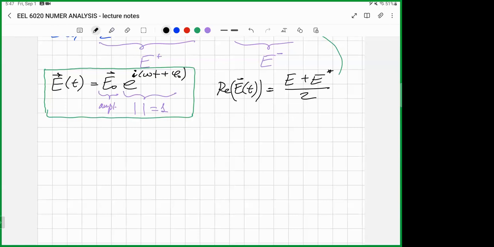All right, and for example, I measure some voltage in some circuit as a function of time, and I get something like V sub 0 e to the power of I omega t plus phi 0.